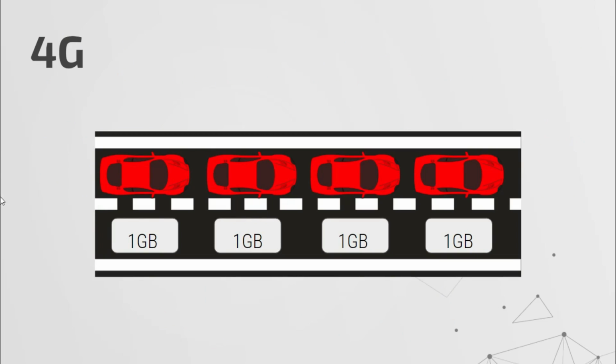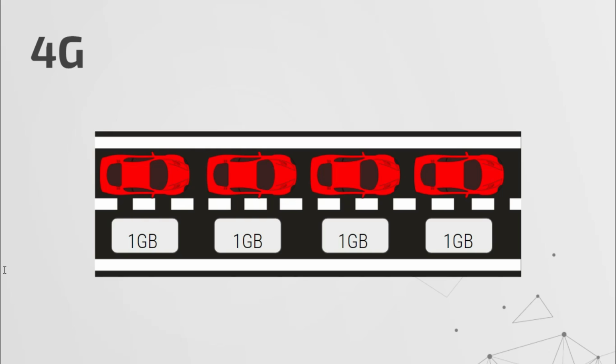To understand the difference between 4G and LTE, we are going to use a very simple example. Imagine that you want to download a video game or a movie that has a size of 4 gigabytes. Also, imagine that you are going to transport the downloading cards and each one will take 1 gigabyte.